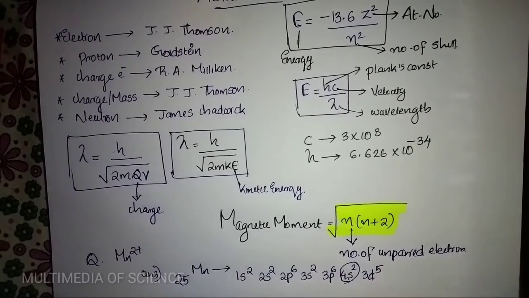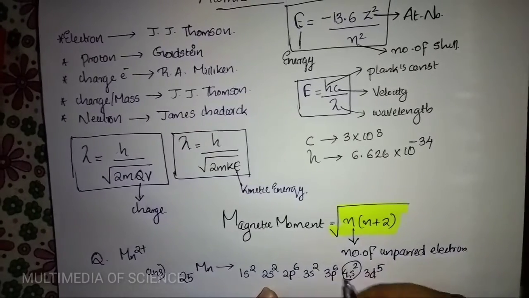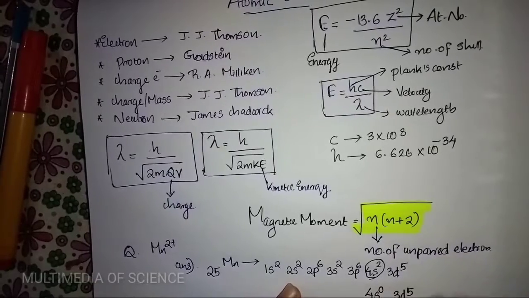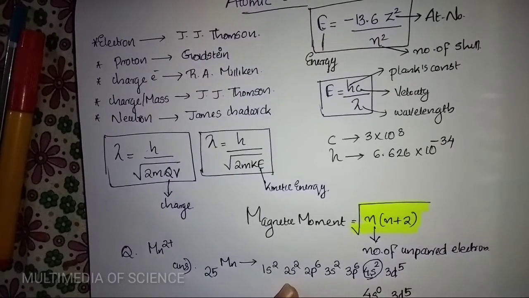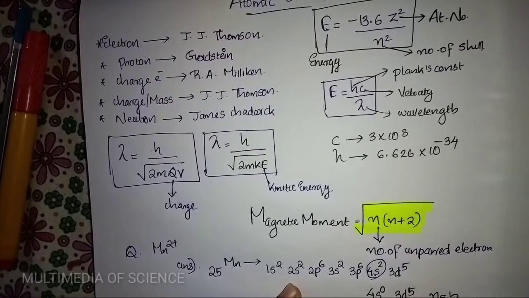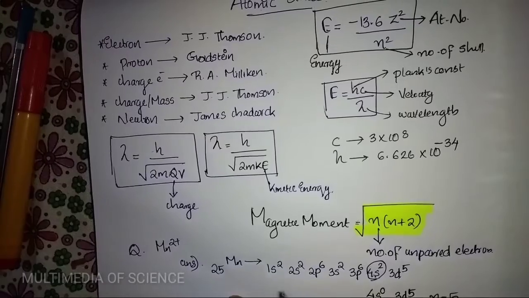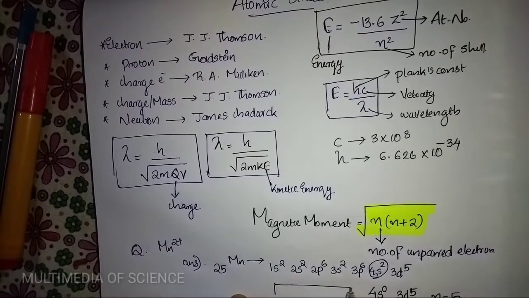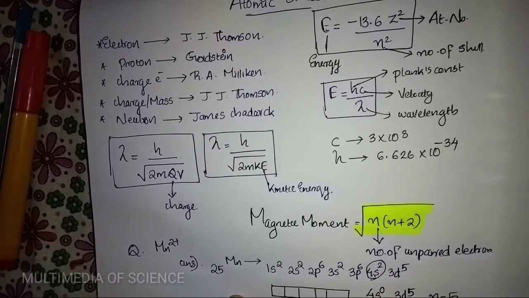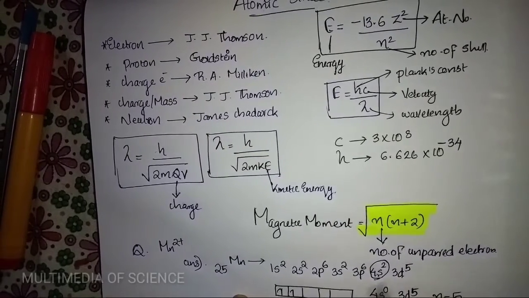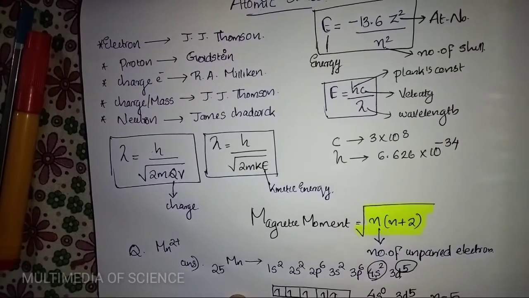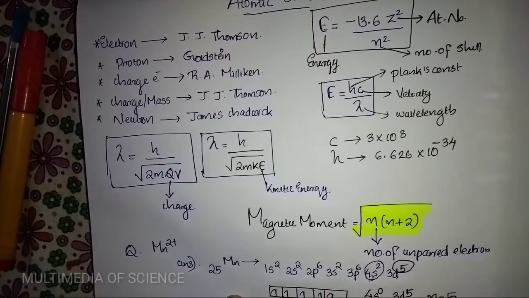So the configuration is 4s0 3d5. The number of unpaired electrons is equal to 5. The d subshell is represented like this: 1, 2, 3, 4, 5. So the number of unpaired electrons is 5.